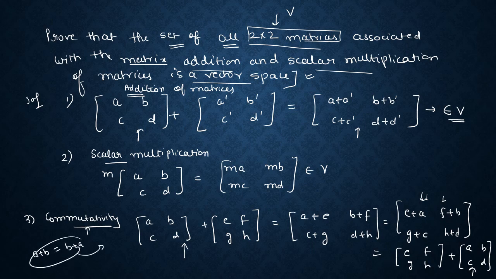Now if we talk about associativity, again take an example, A, B, C, D, a 2 by 2 matrix.